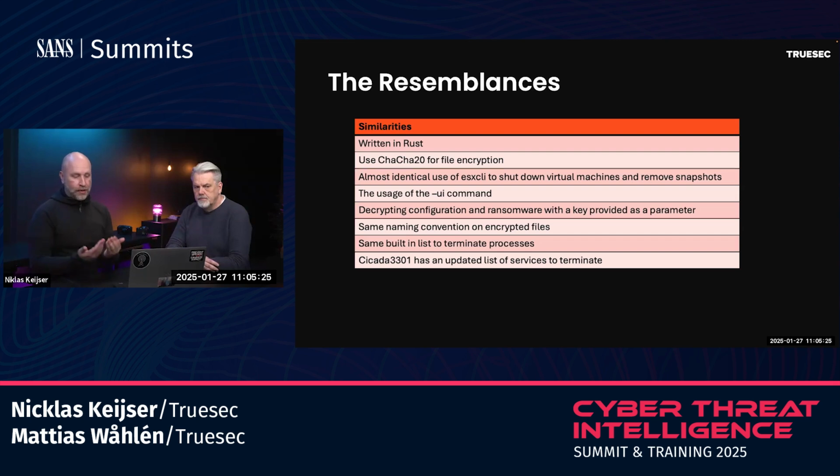The processes are identical. Then if I put the Cicada one next to the BlackCat one for the services, they are identical for roughly 50 of them. Then from 51, Cicada continues onwards, which looks more like an updated version of the same list.